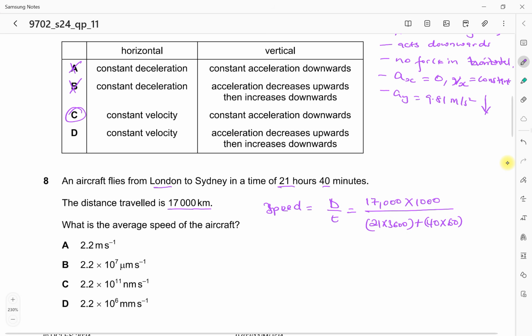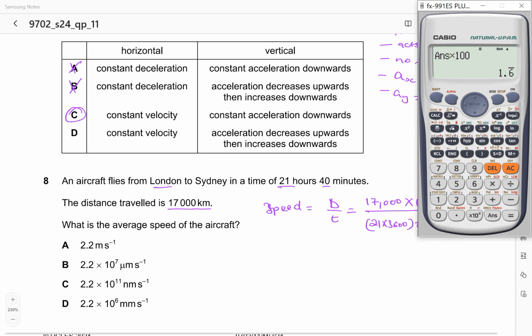So I'm changing the total time to seconds. From my calculator, I have 21 times 3,600 plus 40 times 60.